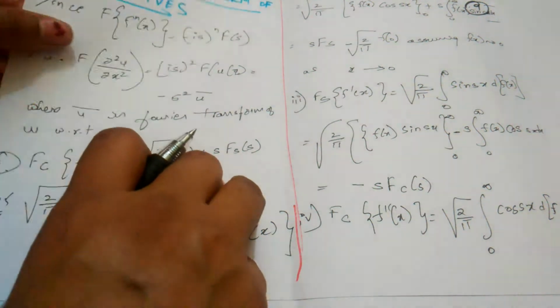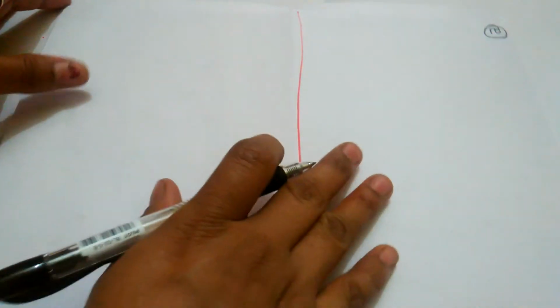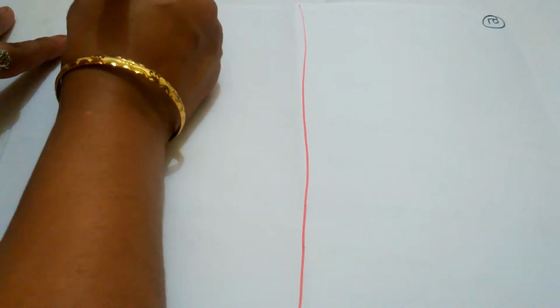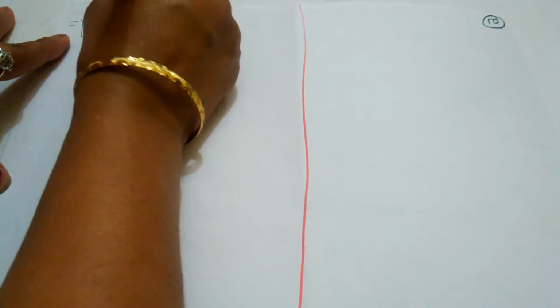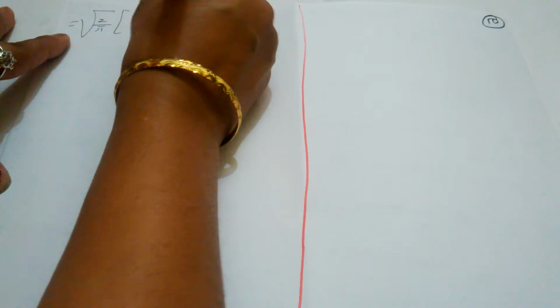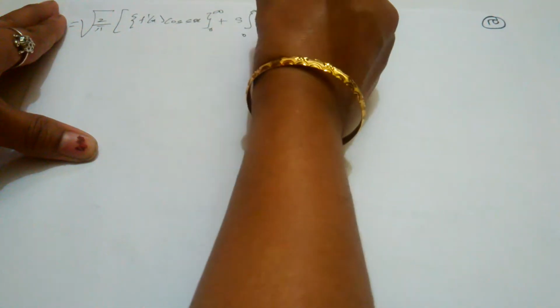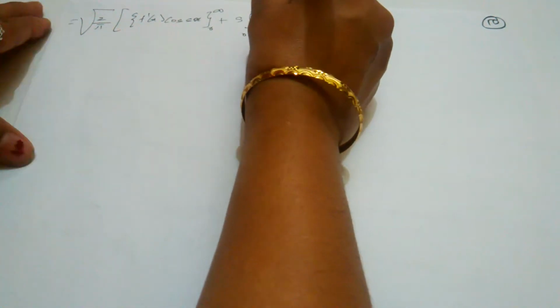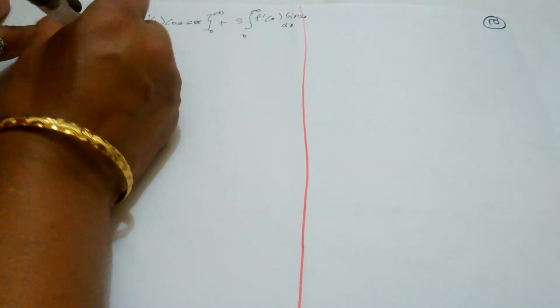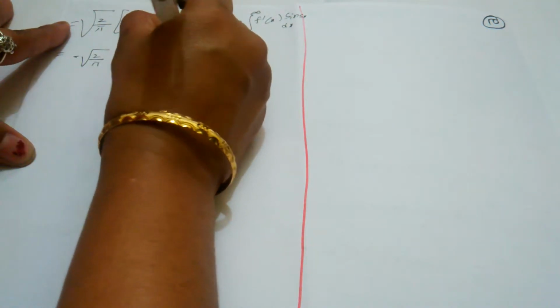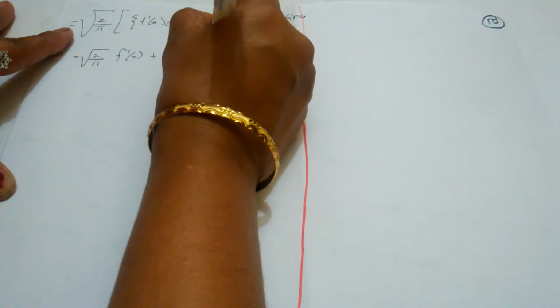What we have is square root of 2 by pi, then f dash of x into cos sx in the limit 0 to infinity, plus s integral 0 to infinity f dash of x sine sx dx. Which will give me minus square root of 2 by pi f dash of 0 plus s F_s of f dash of x.